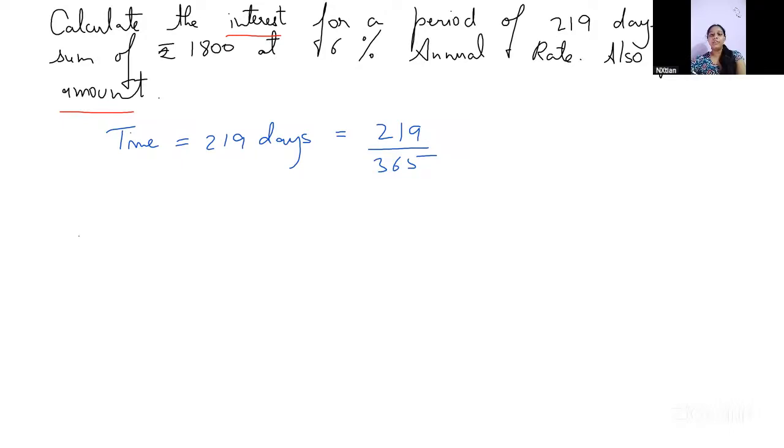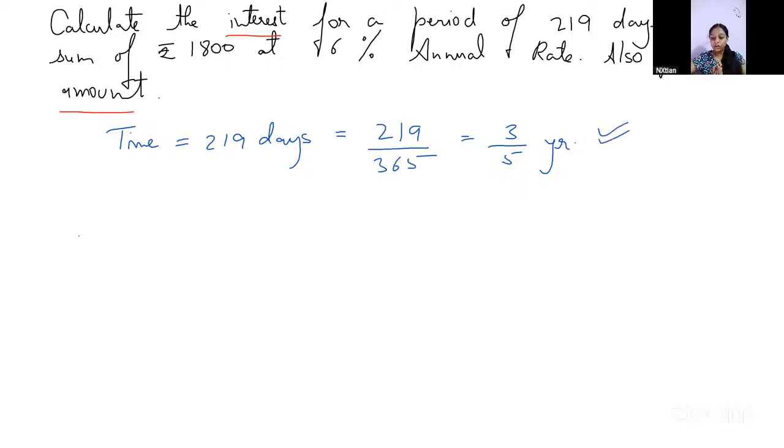This will give you how much of the year we are finding out the interest for. It will come to 3 by 5 here. Now 3 by 5 is your part of the year, the time. This 3 by 5 you have to use.